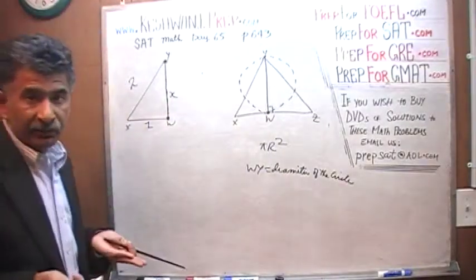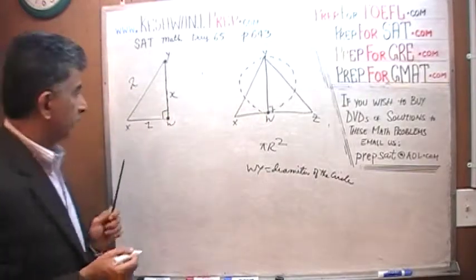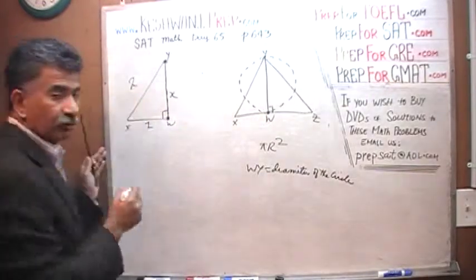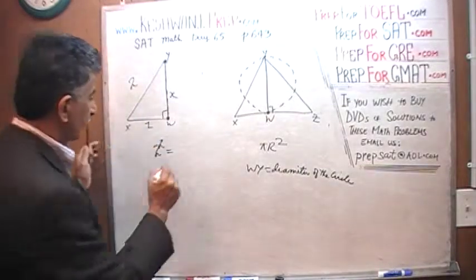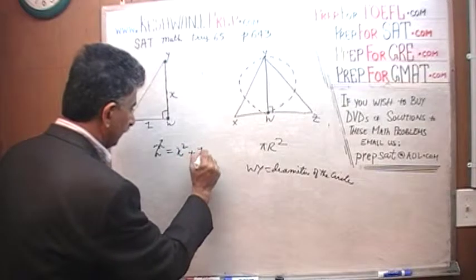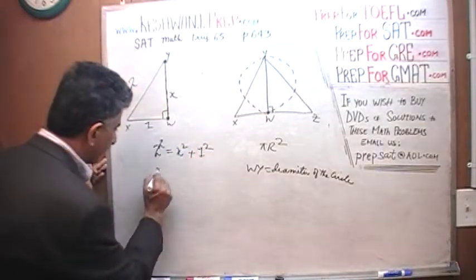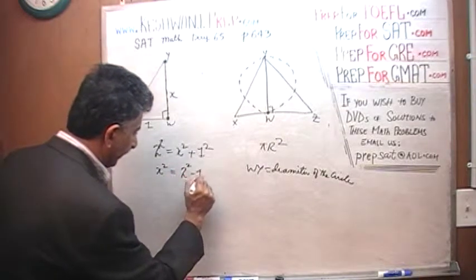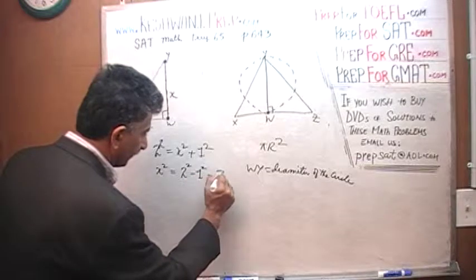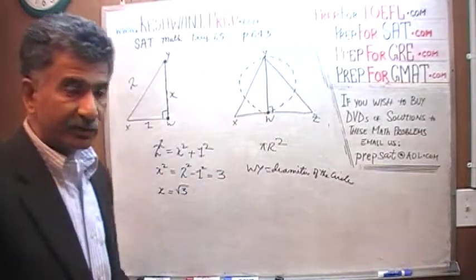It's a simple application of the Pythagorean theorem. Since this is a 90 degree, it's a right angle triangle, and therefore the square of the hypotenuse, which is 2 squared, must equal x squared plus 1 squared. We have to solve for x, obviously. So x squared is going to be 2 squared minus 1 squared, which is 4 minus 1, which is 3, and therefore x is equal to root 3, which is the diameter of the circle.